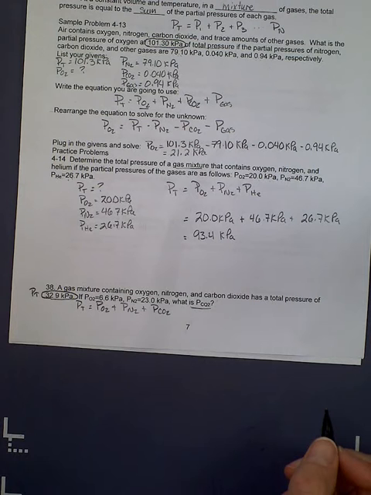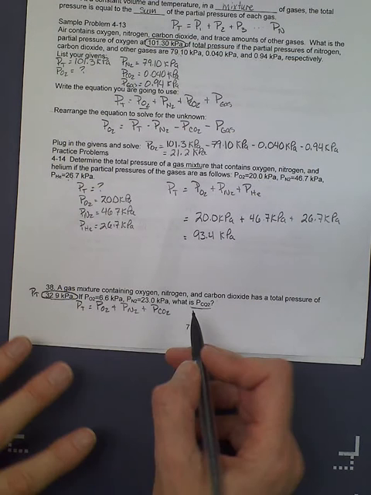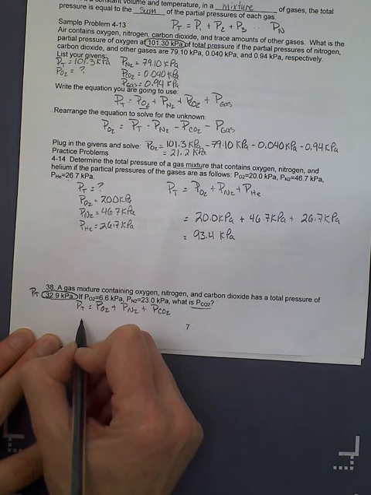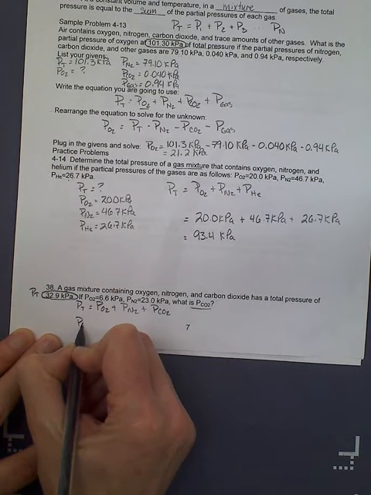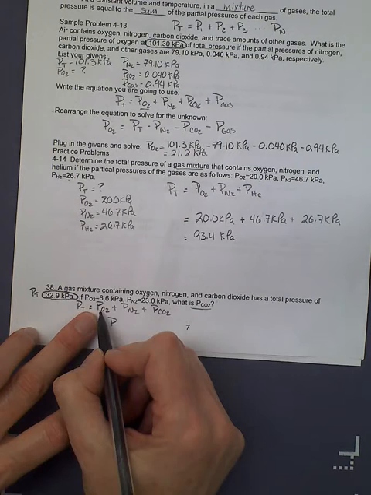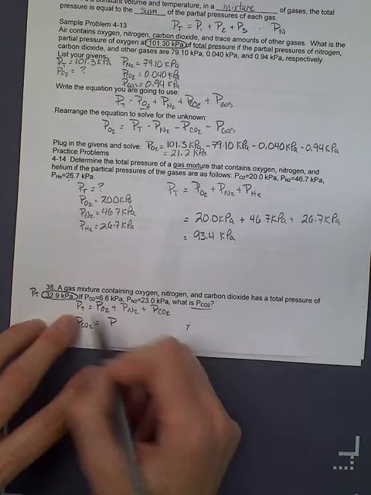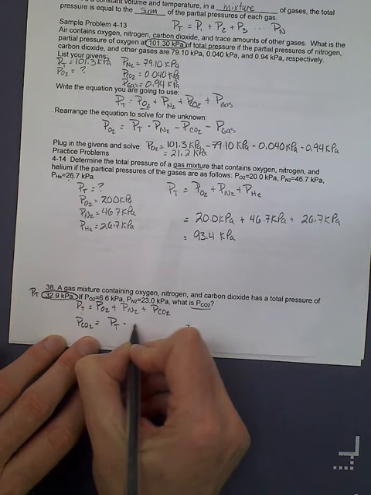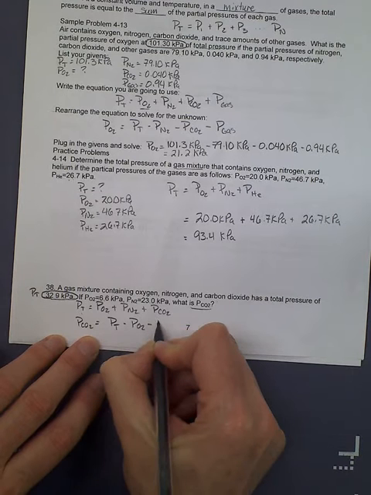But we have to rearrange it to solve for PCO2. So our PCO2 is going to be isolated, and we're going to subtract PO2 and PN2 from PT. PT minus PO2 minus PN2.